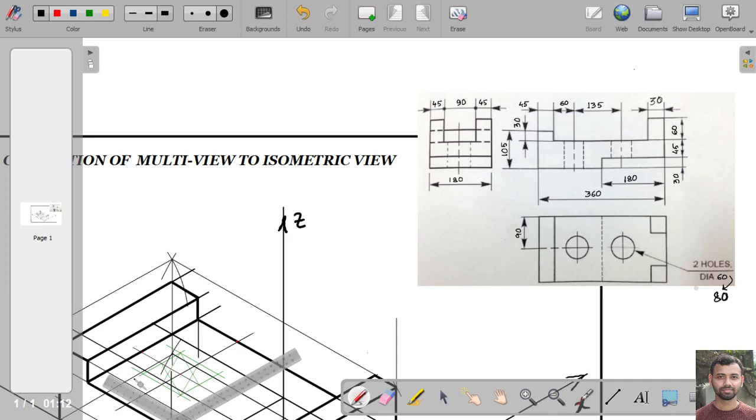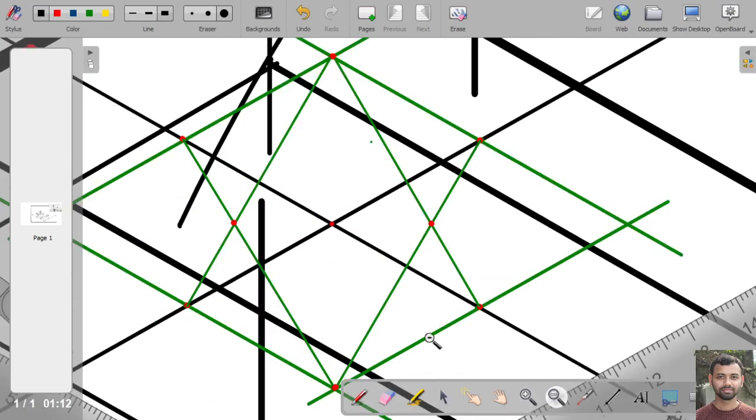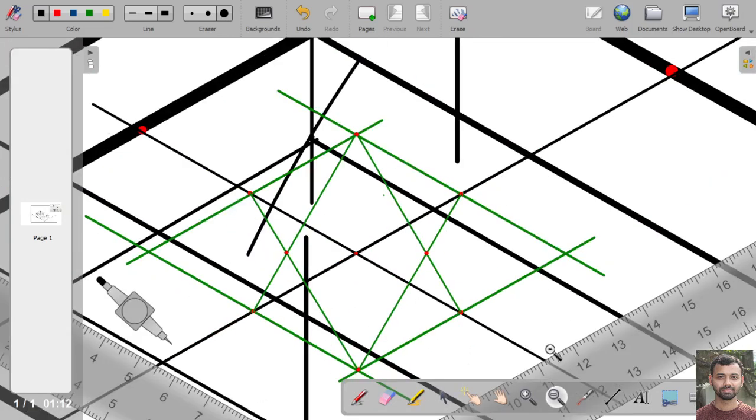Okay, then some dimensions will get changed. The concept is the same, only a few dimensions will get changed. So we have to erase these lines.